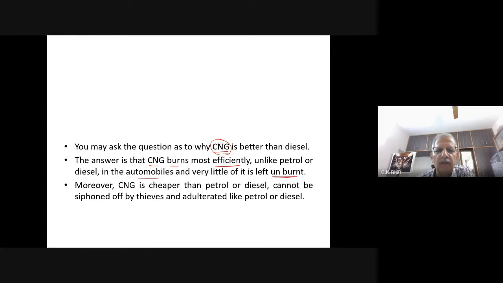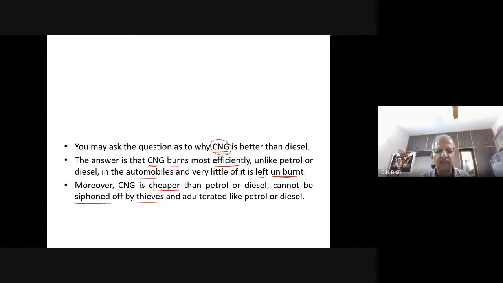So complete burning will be there, just like with a gas stove. Whenever compressed natural gas is used, complete burning takes place without leaving anything unburnt. Moreover, CNG is cheaper than petrol or diesel and cannot be siphoned off by thieves.